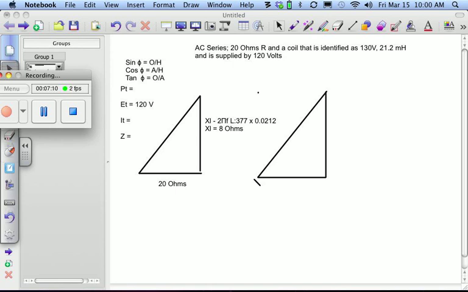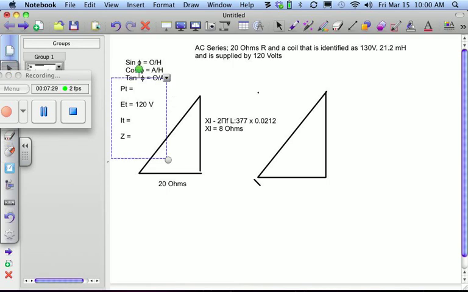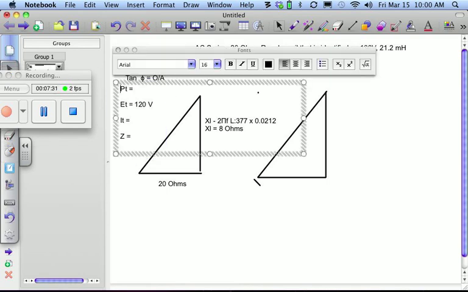And that is our hypotenuse. 21.54 is our impedance, is it not? 21.54 ohms. So now we know our impedance is 21.54 ohms.